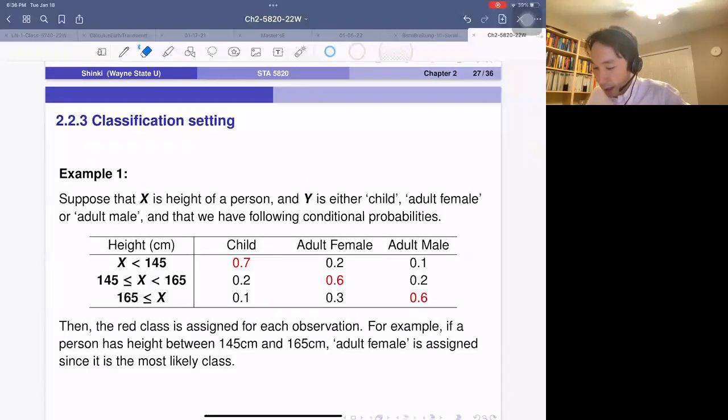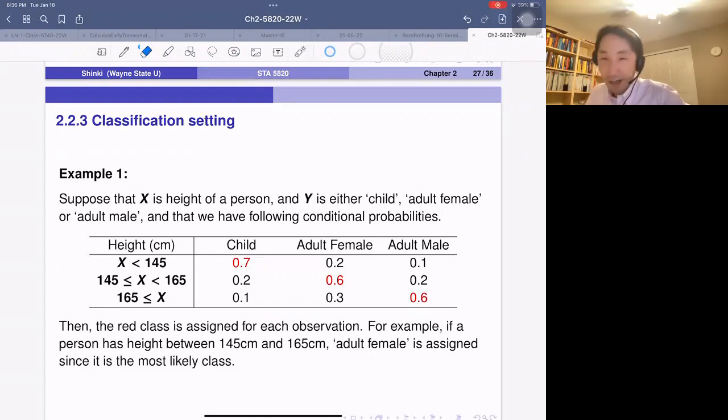This is an example to guess whether the person is a child, adult female, or adult male. Suppose that the admission fee is different among these three groups, maybe for an all-you-can-eat buffet or something.